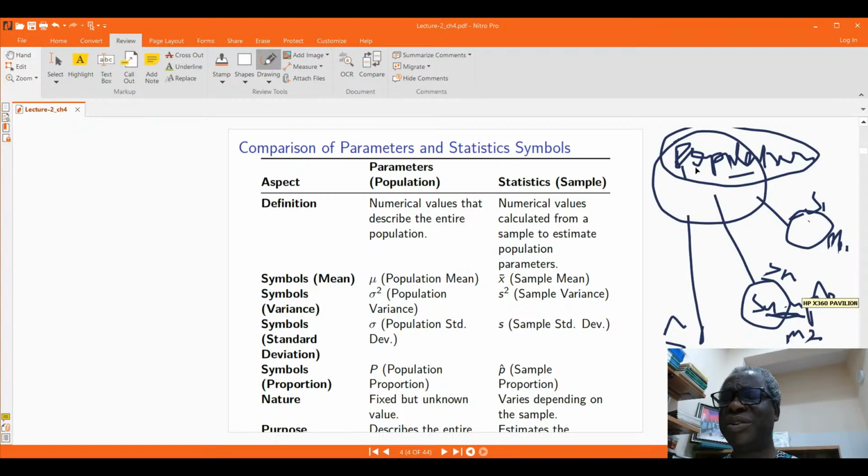But there is only one fixed population value. So parameter values are fixed, but they are not known. So their estimates are obtained from the samples.